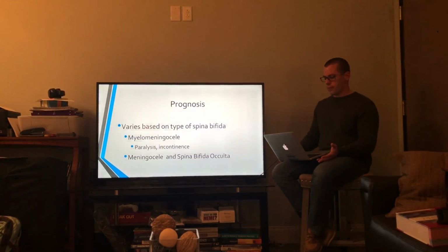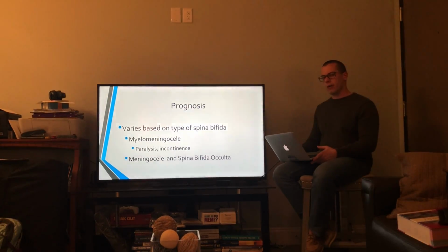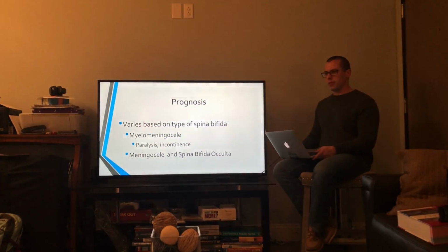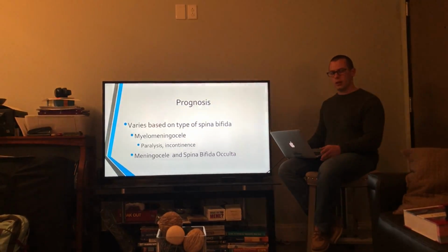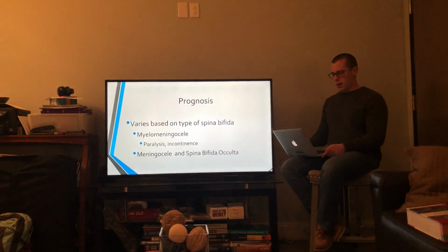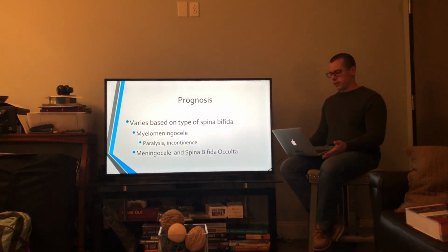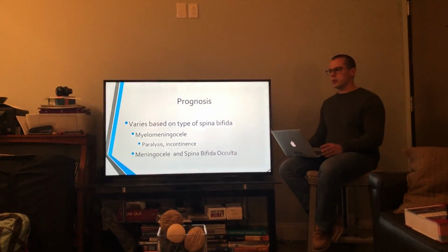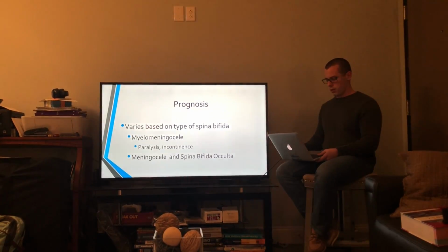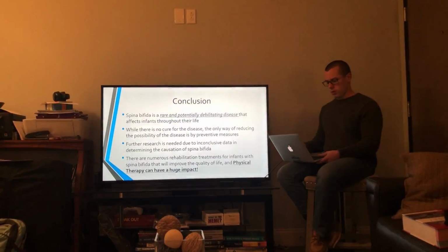So the prognosis for spina bifida really varies based on the type, with myelomeningocele being the poorest because of the paralysis and the incontinence. And meningocele and spina bifida occulta are not nearly as bad, but they still can pose a little bit of an issue.